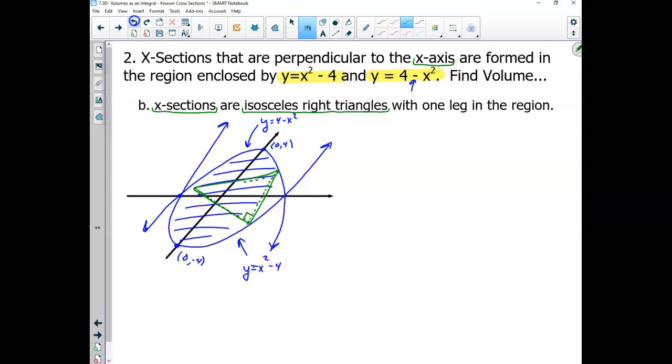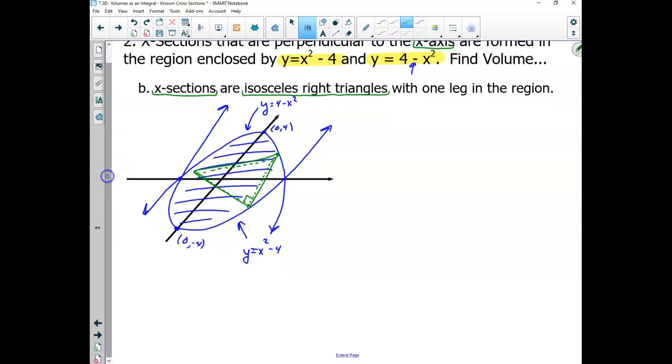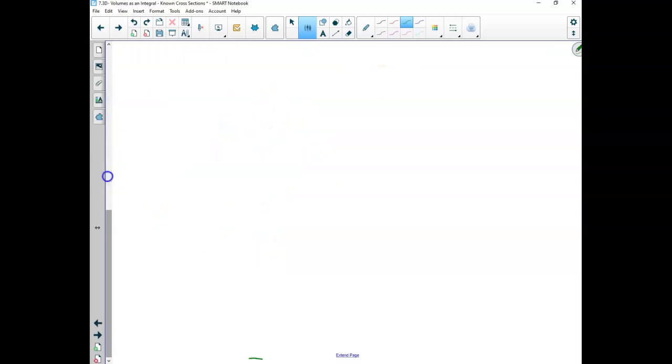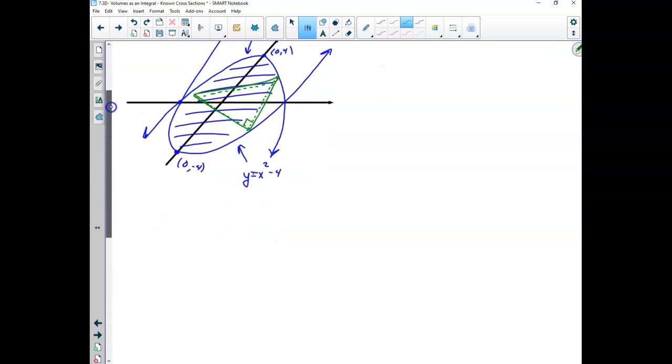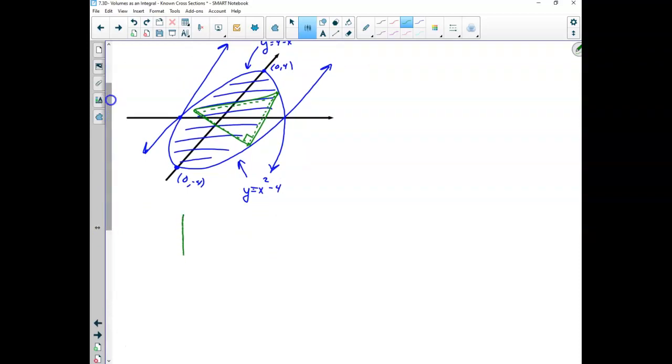And there is the cross section I am talking about. It is a right triangle. And we know the area of a triangle is 1/2 base times height.